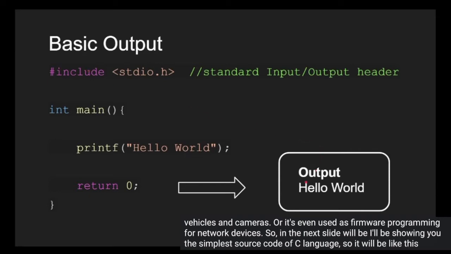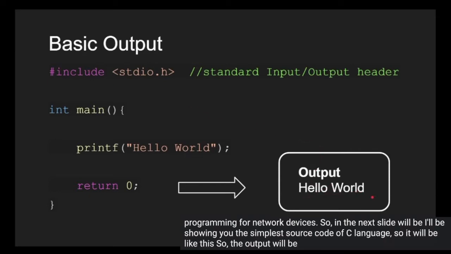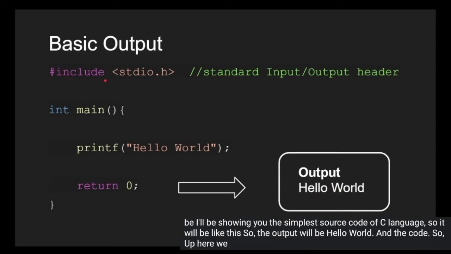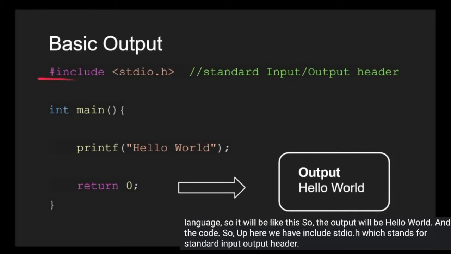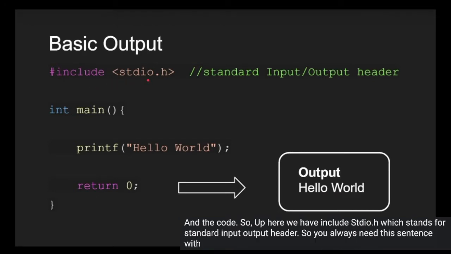So the output will be hello world, and in the code, up here we have include stdio.h, which stands for standard input output header. So you always need this line if you're dealing with inputs and outputs.